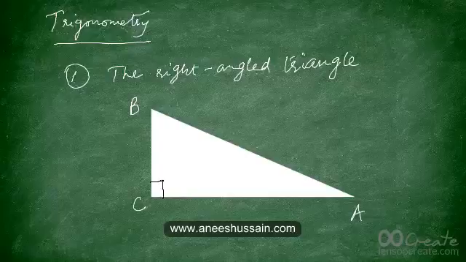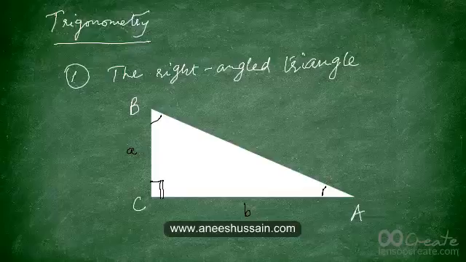To keep things easy, what we will assume is that this angle here is angle A, this angle here is angle B, and the 90 degree angle that I just marked is angle C. Now the side opposite angle A, which is the length BC, you mark that with a small a. The side opposite angle B, which is the length AC, will mark that with a small b.